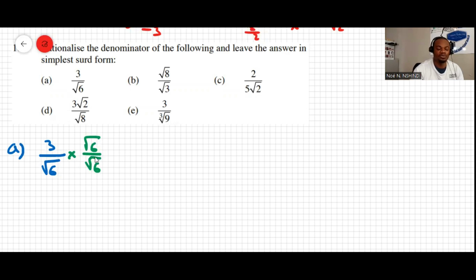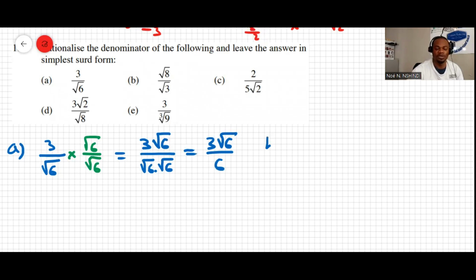So I didn't really change the value, it just looks different. It will be rationalized because this will make 3 times root 6 over root 6 times root 6. The product in the denominator cancels the roots, and that makes 3 root 6 divided by 6. Now this expression is rationalized.